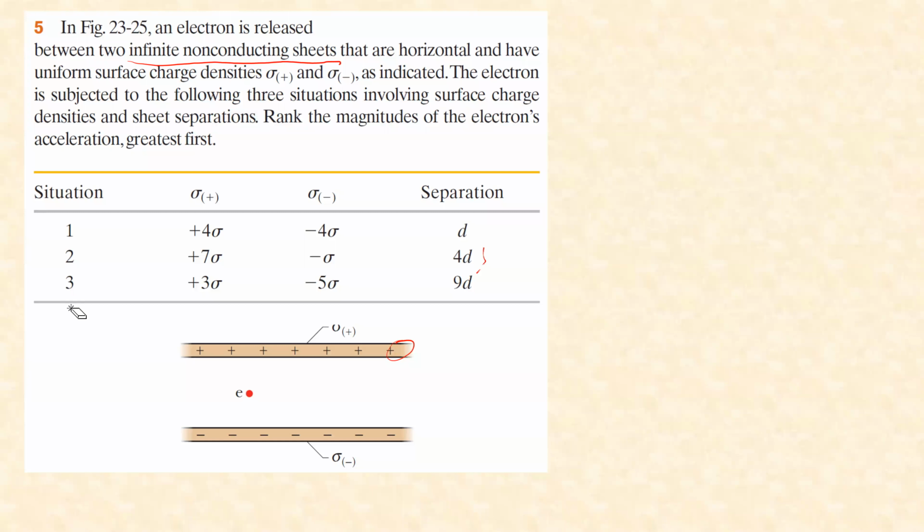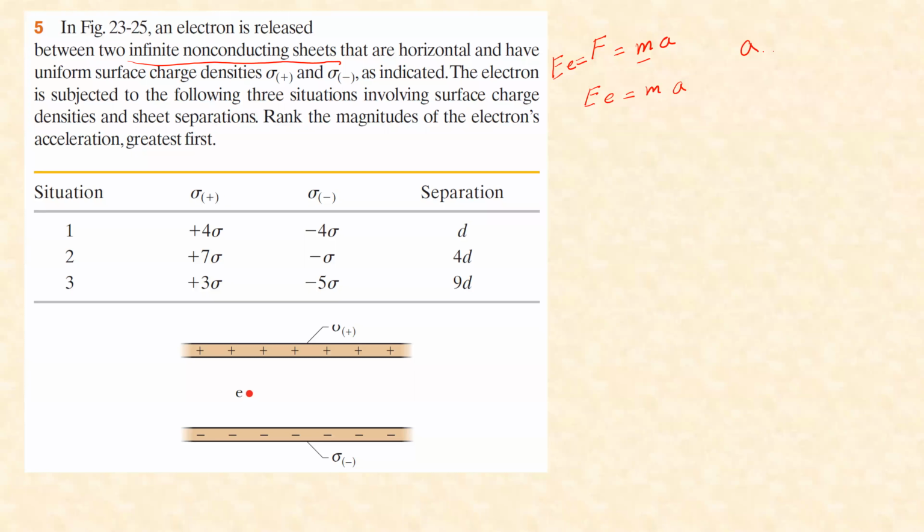Don't we have to set up F equals QE here? Yes. F is equal to MA, mass of electron times acceleration, and the force is equal to the electric field times the electric charge, equal to mass times acceleration.